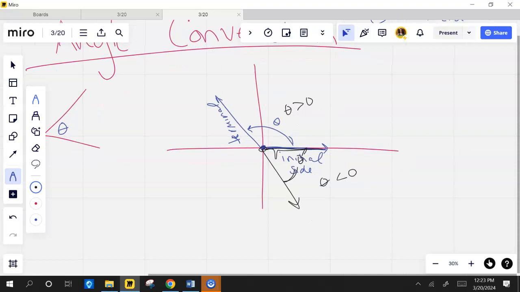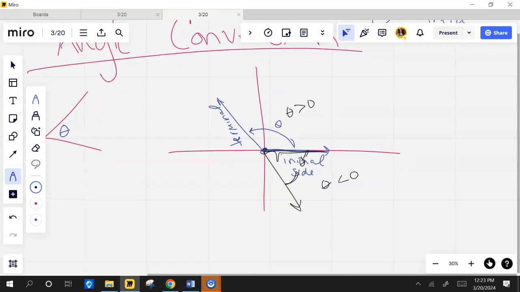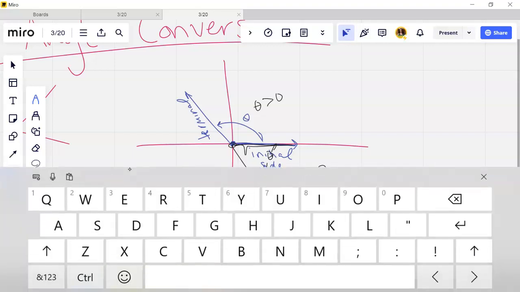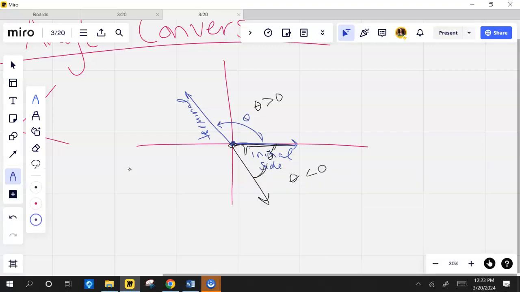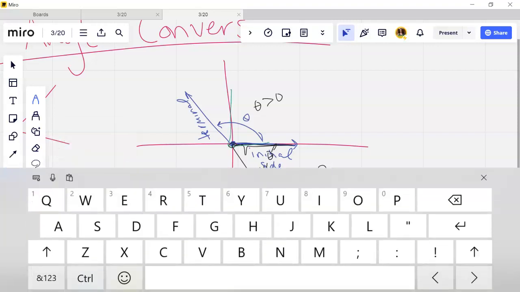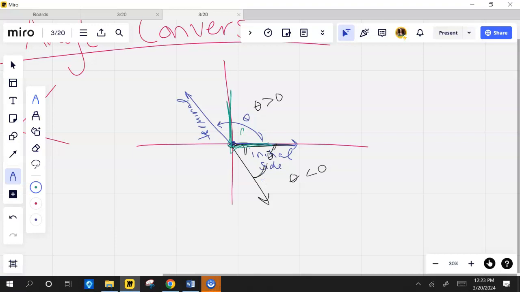Now, if I asked you to tell me how many degrees I have as I go up through the quadrants here: this is 90 degrees.